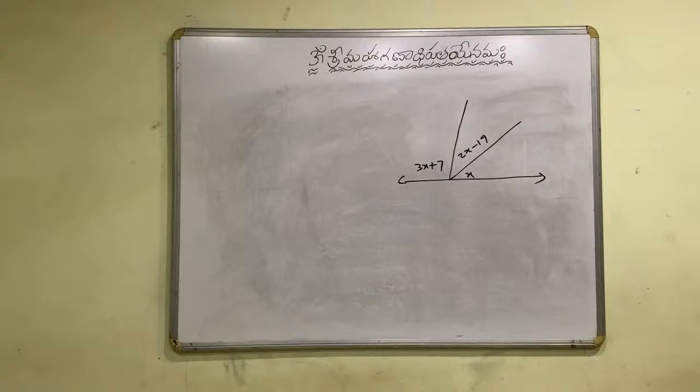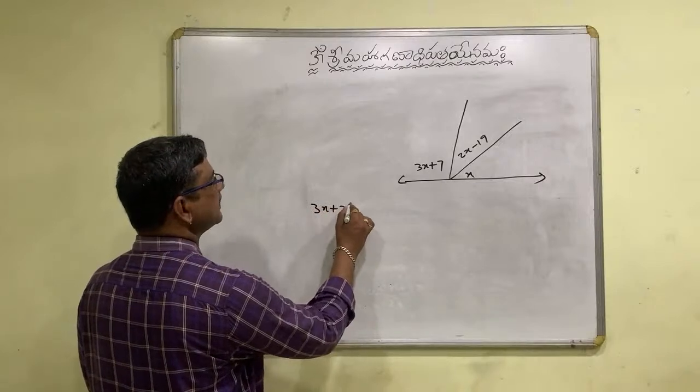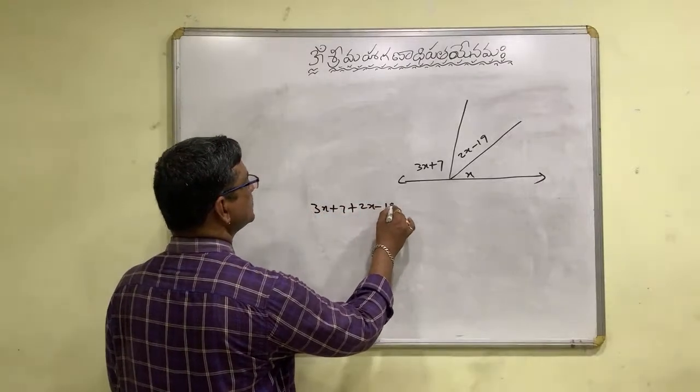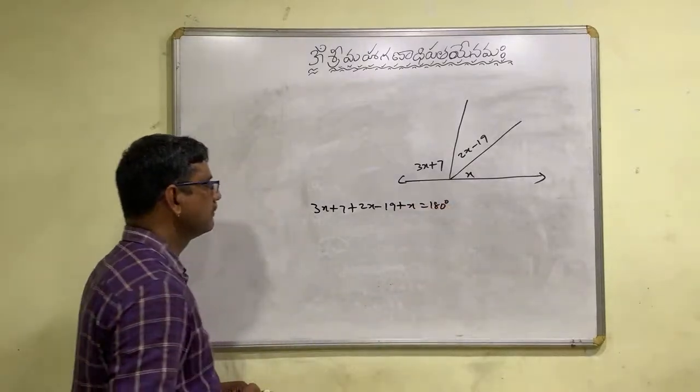Okay. So the sum of all those angles is 180. Correct. That means 3x plus 7, plus 2x minus 19, plus x is equal to 180.